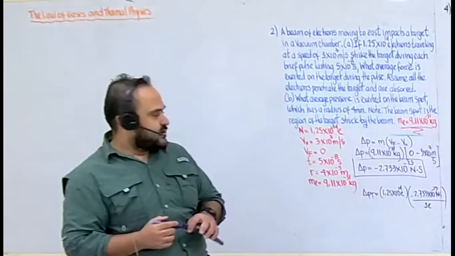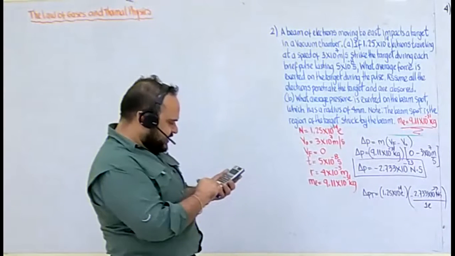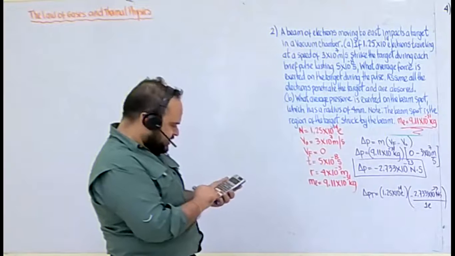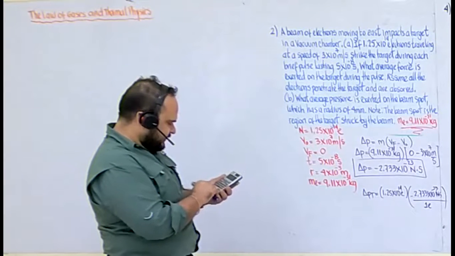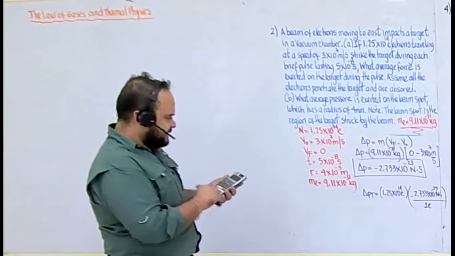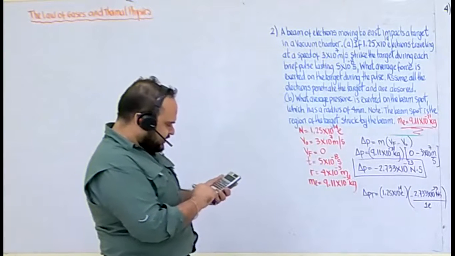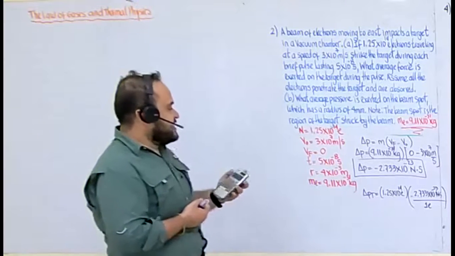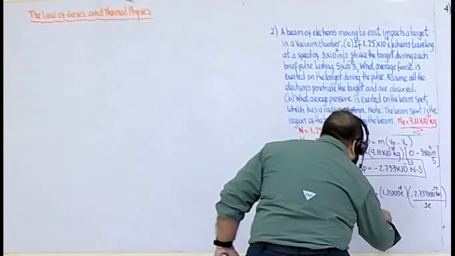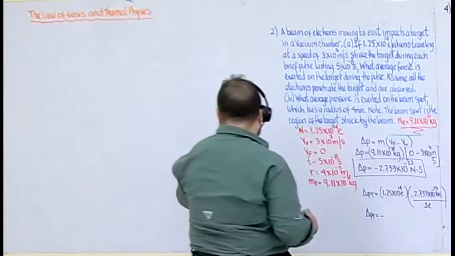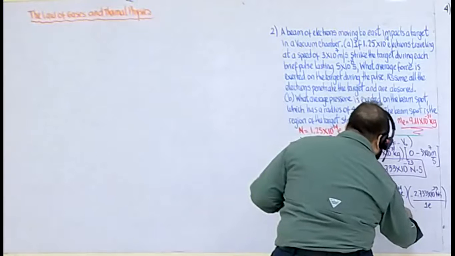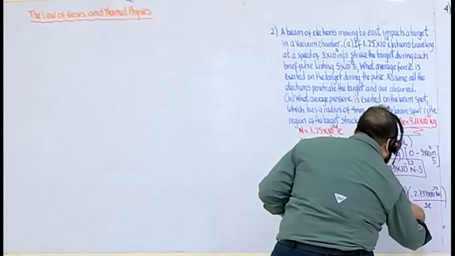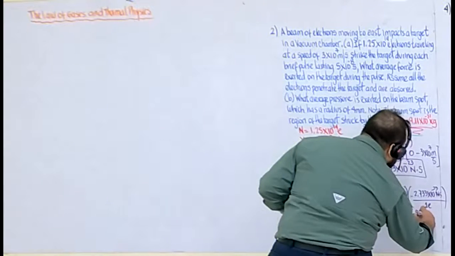Okay, so 1.25 times 10 to the 14th power multiplying by negative 2.733 times 10 to the negative 23, close parentheses, and the answer of the change of impulse will be negative 3.42 times 10 to the negative 9 power newton seconds.